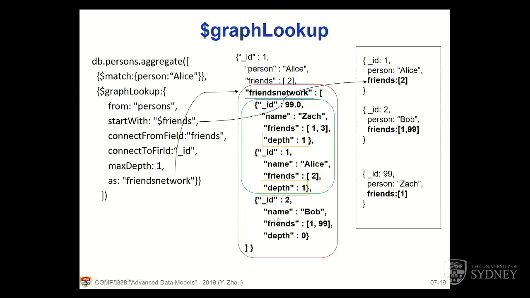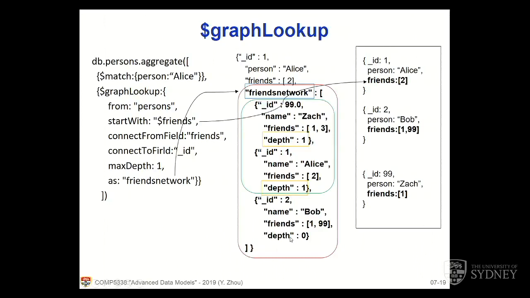And here we also indicate something more, so it's not just the document from the other collection, because the other collection only contains name and friends. We also add another field, which is depth.